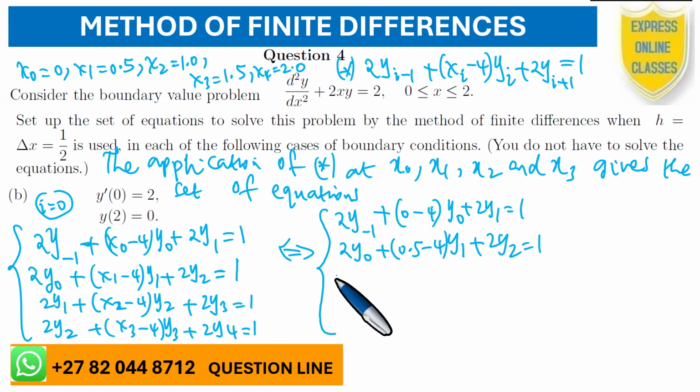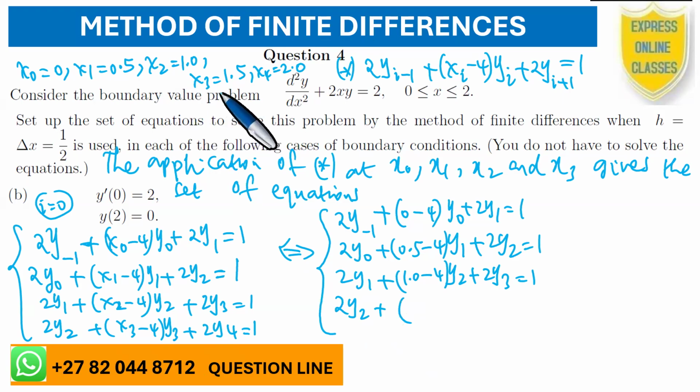Then we obtain 2y1 plus x2, which is 1, minus 4 y2, y3 equals 1. Then x3 is 1.5, y3, 2y4 equals 1.